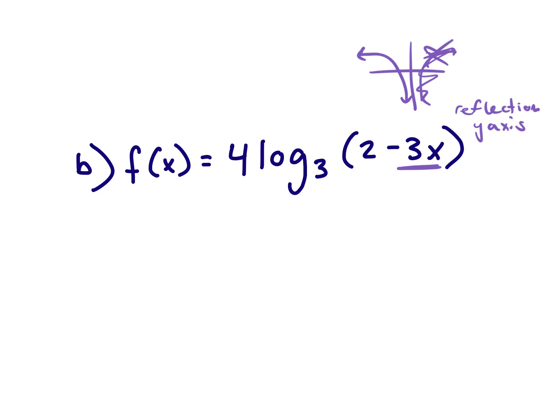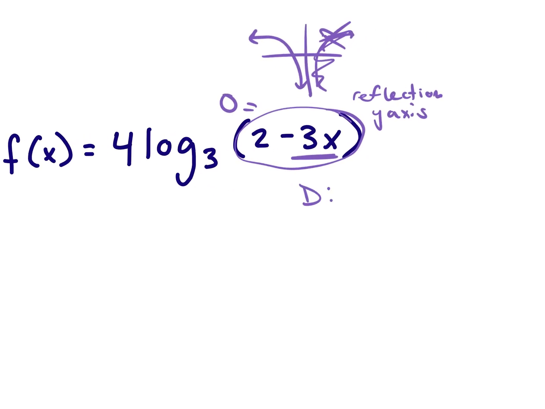So keep that in mind when we find our domain, because now our domain is going to be from negative infinity to wherever our parentheses equals 0. So we still find it the same way, but instead of going to positive infinity, it goes to negative infinity. So here I would say 0 is equal to 2 minus 3x.